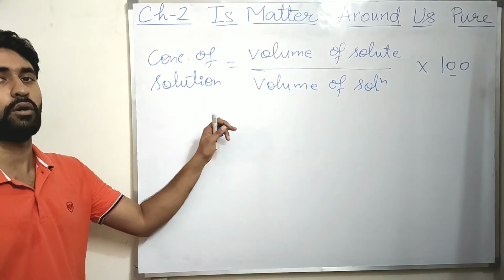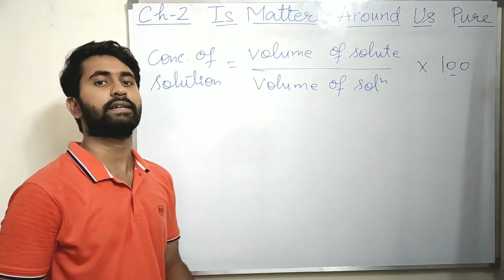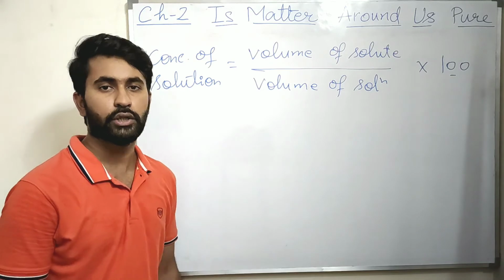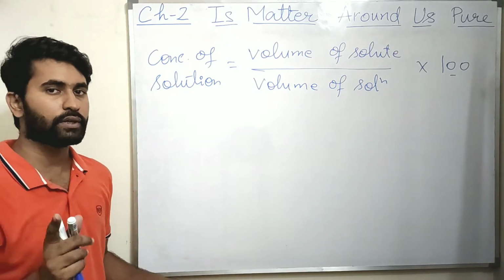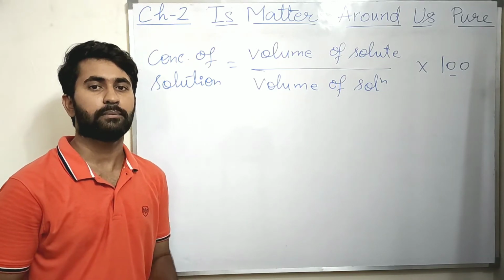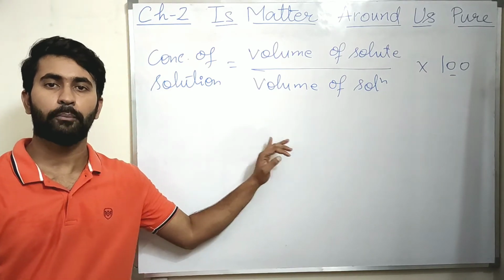So this is the formula for calculating concentration of solution when a liquid solute is dissolved in a liquid solvent. Now let us solve some questions related to the topic.